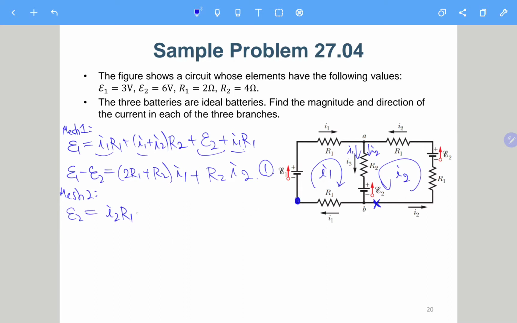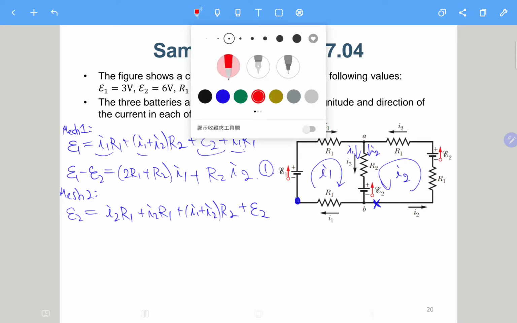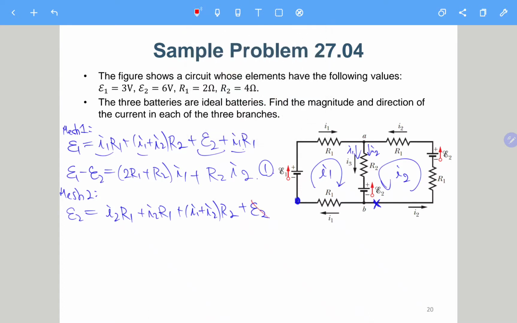plus I2 R1, and then likewise, this one is I1 plus I2 times R2. And then for here, this is going down, so plus E2. So you can see that this E2 and this E2 cancel each other, and then we can collect the remaining terms.